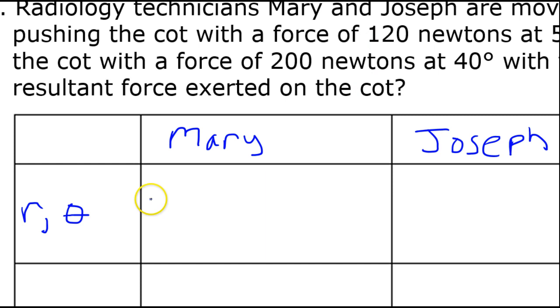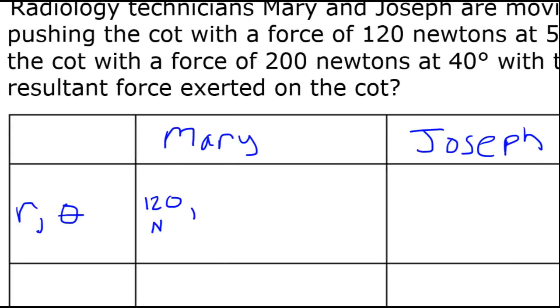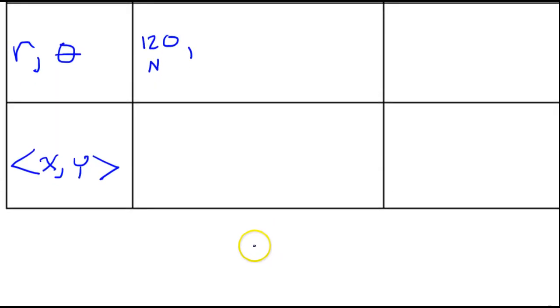So let's go ahead and write that down. So the magnitude is 120 newtons. So now all I need is the direction. Now, they are giving us the direction this way, 55 degrees with the horizontal. Now, we're going to have to convert that to a standard position direction in the following way.